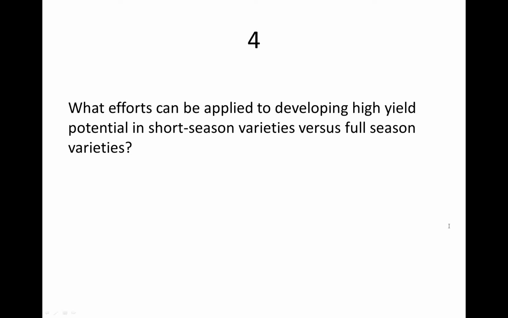But the way I see it is that we could make a maturity group system work in Africa by combining the allelic series that we know of the E genes with the long juvenile trait. And so I'm curious to hear if anyone agrees or thinks that's totally not going to work.